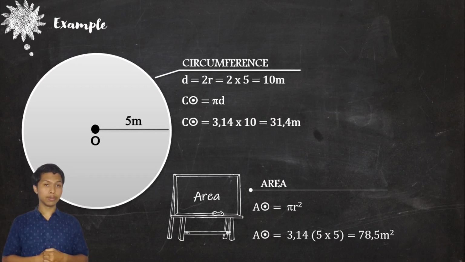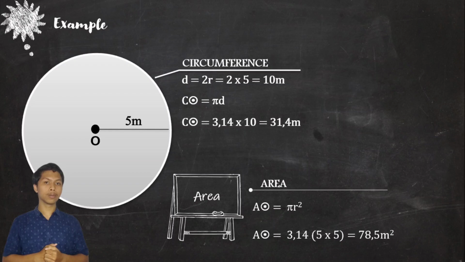Since this is a decimal multiplication, I will use a calculator. 10 times 3.14 equals 31.4. So that means the circumference of this circle is 31.4 meters. Now find the area using our formula.